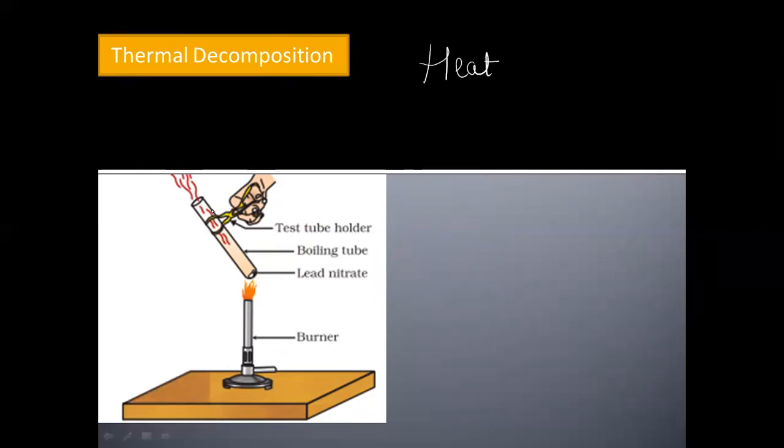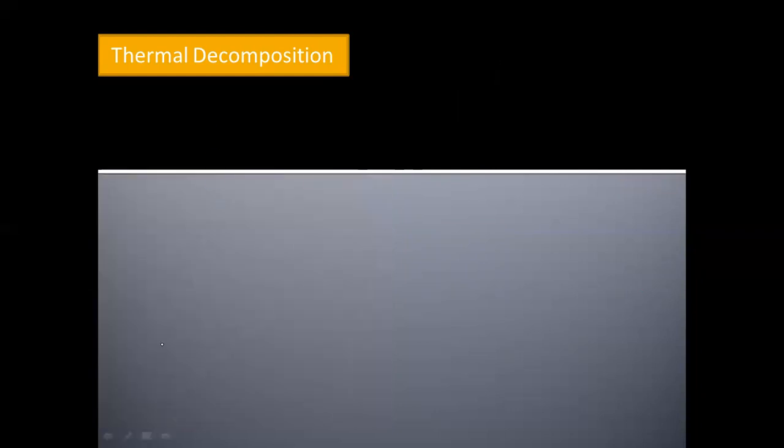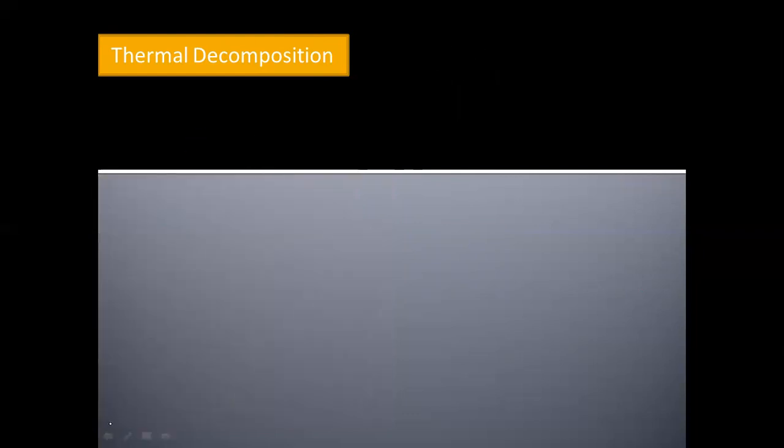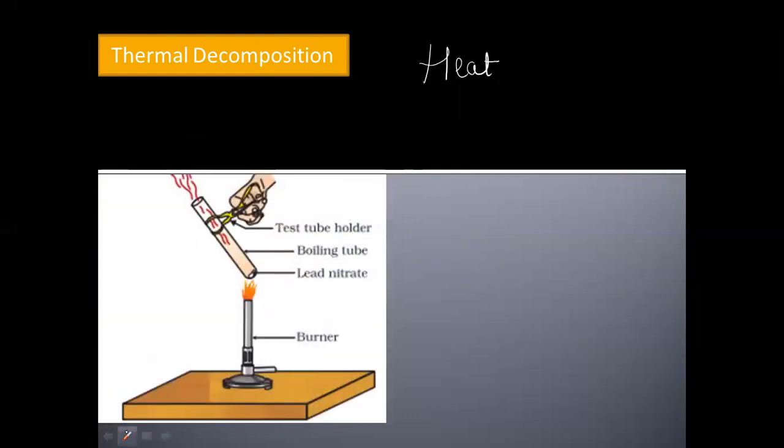There's a test tube held by a test tube holder. This is basically the boiling tube in which we have taken lead nitrate. Remember the chemical formula for lead nitrate? Just recall the formula. Let me write it once again.